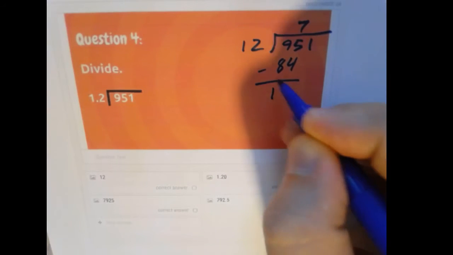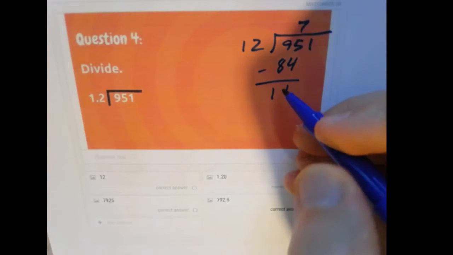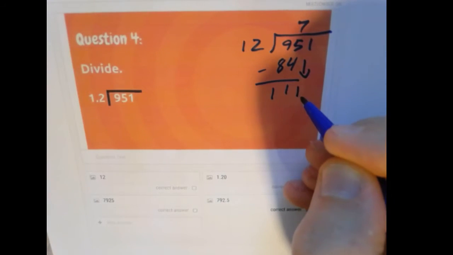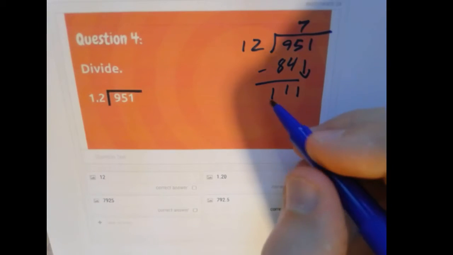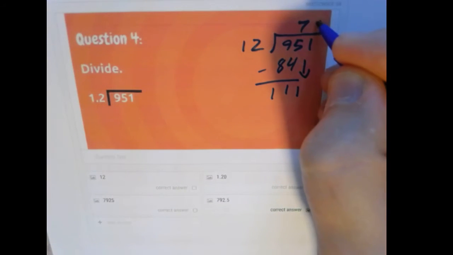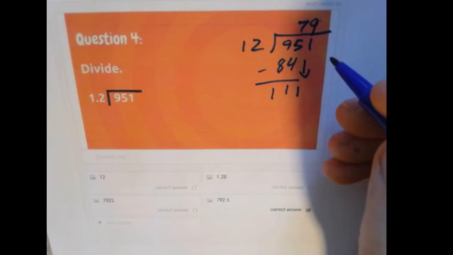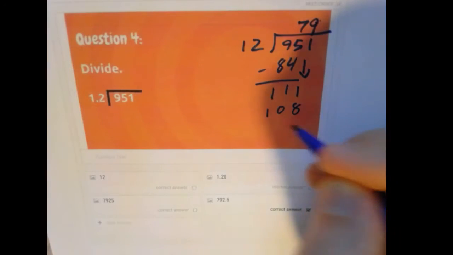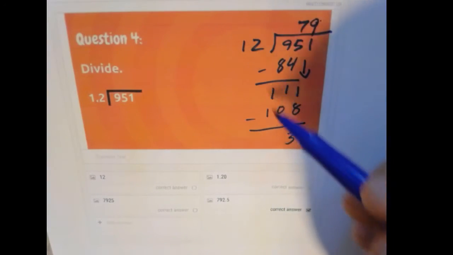It'd be 11. Does 12 fit into 11? Not quite, so we need to get some help. Drop this 1 down. How many times does 12 fit into 111? That would be 9 times. 9 times 12, 108. Find the difference.